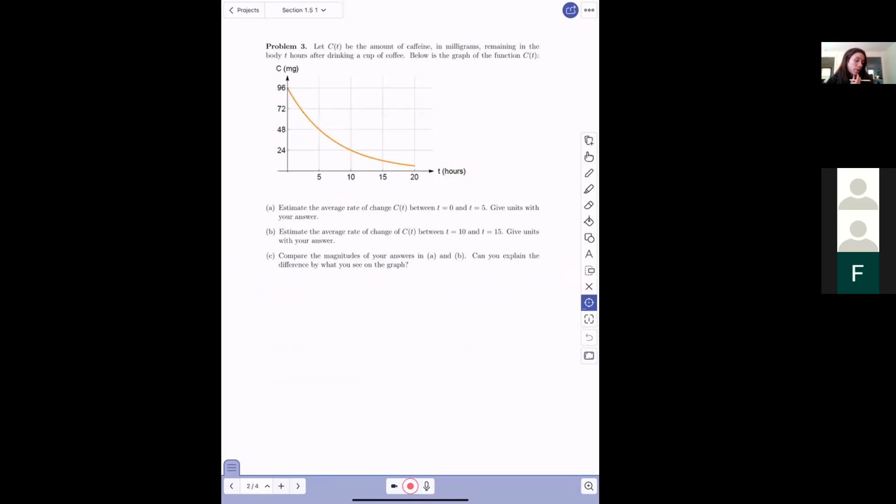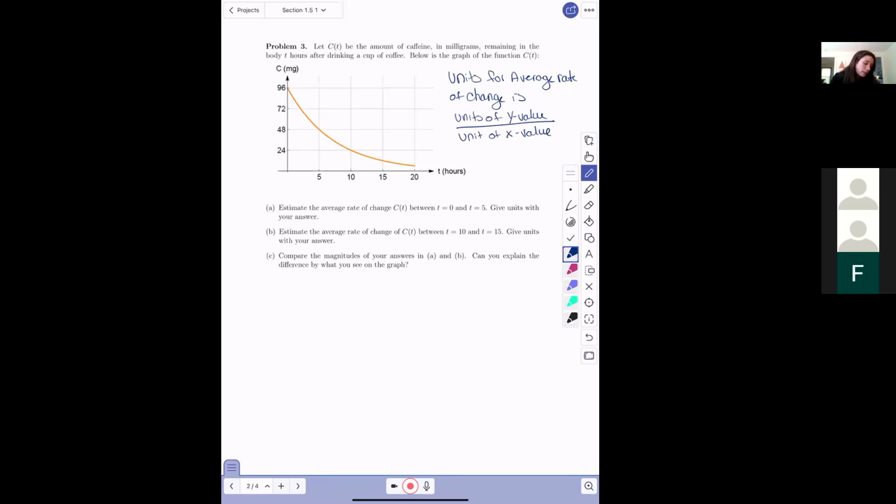So let C of T be the amount of caffeine in milligrams remaining in the body T hours after drinking a cup of coffee. Below is the graph of the function C of T. Here it's important to know that the units for average rate of change is the units of the Y value per unit of X value.